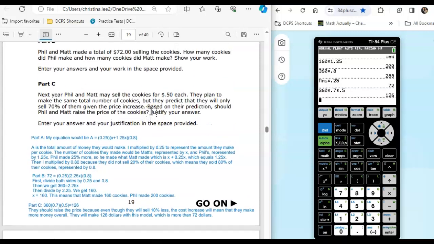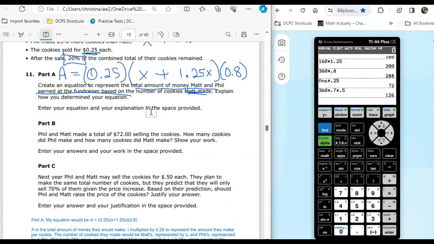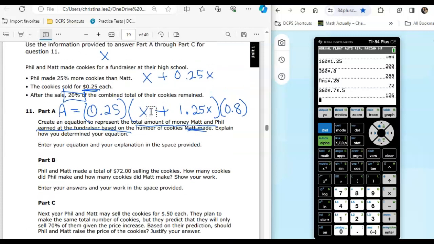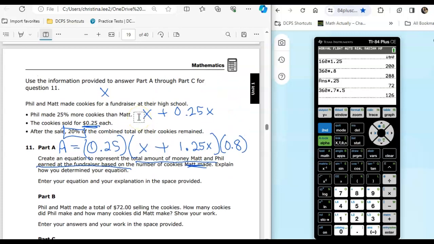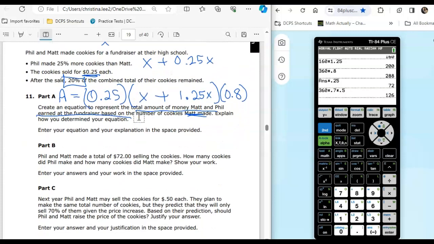This question actually has both types: an increase, where Phil made 25% more, so he made 1.25 times the number that Matt made, and also that loss, where we had 20% left, so we only sold 80%. So recognize how we get those percents and that they need to add up to one whole or 100%.